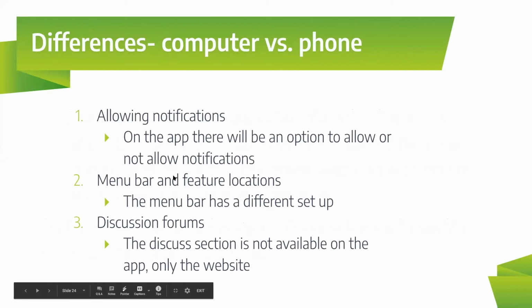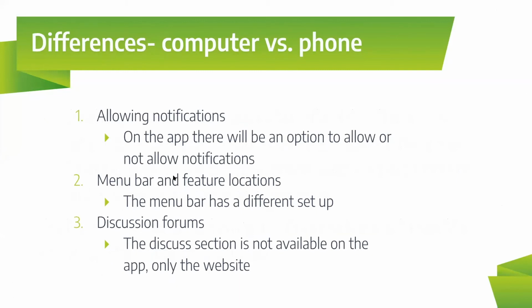Now, these are the differences of the computer versus the phone/tablet. First, allowing notifications. On the app, there will be an option to allow or not allow notifications. Second is the menu bar and feature locations.